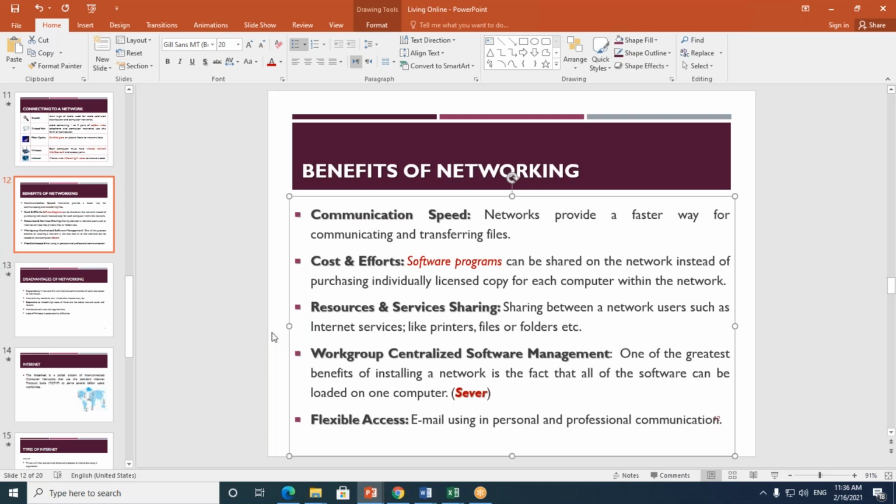Resources in terms of software could be files, a software program, folders, and so on. Services: keep in mind what different services could be provided to us through this network, for example our online classes, the emails, browsing the internet. All of these are network services.